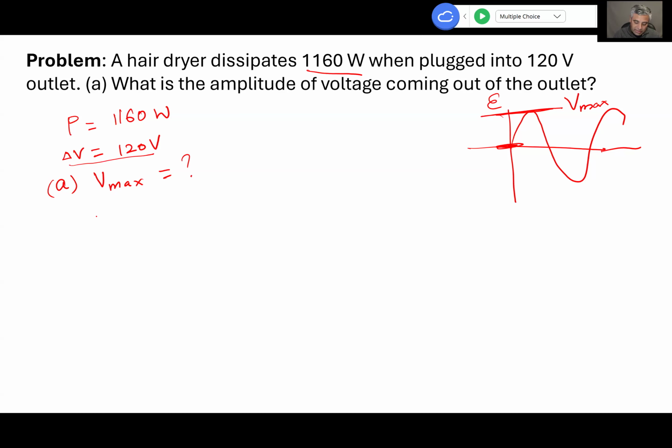And this delta V of 120 volts is V RMS, so V max is more than this. How much? Square root 2 times 120 volts. Just like I said before, it turns out to be around 168, something like that. I don't quite remember, but punch it in your calculator.